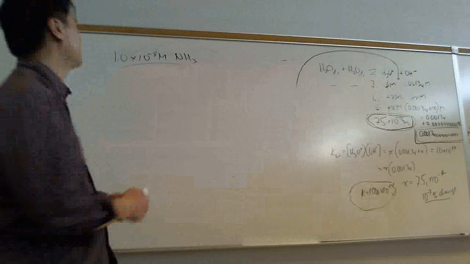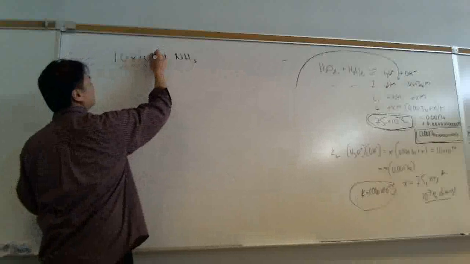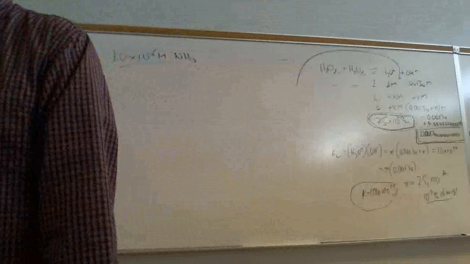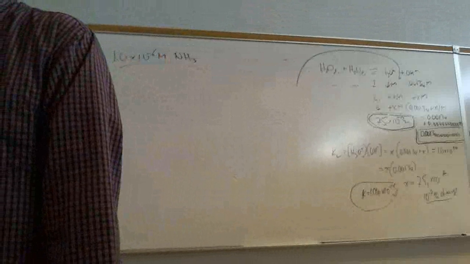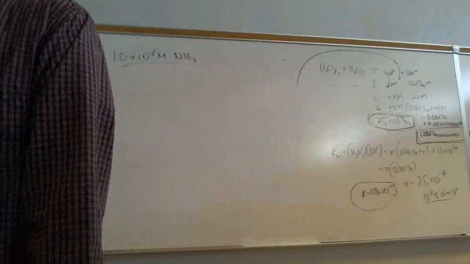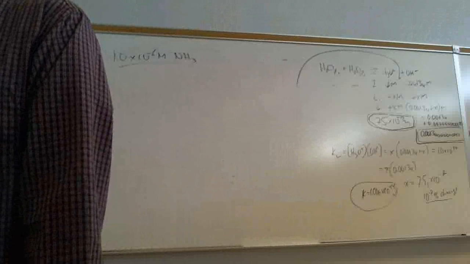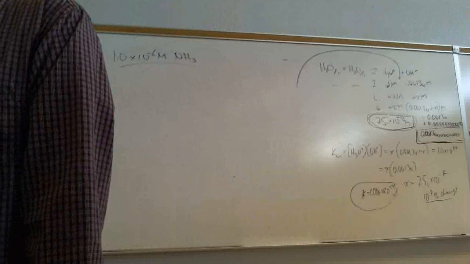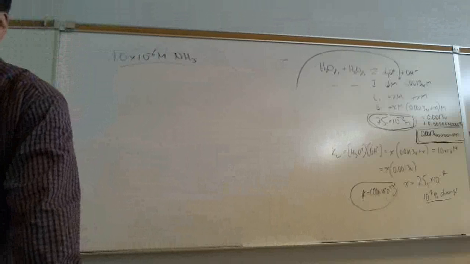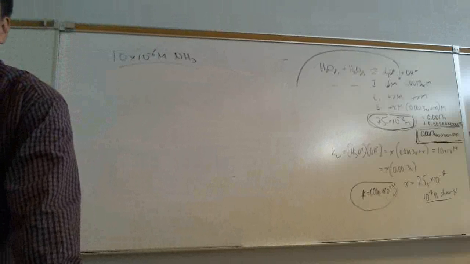Okay, then let me change it to 1.0 times 10 to the minus 6 molar, sorry. Are you going to worry about it? Yes. Well, we'll try it and see. So try to do this with a little bit of speed and try to finish this in 10 minutes.